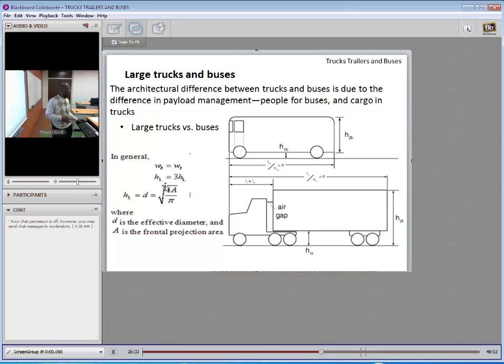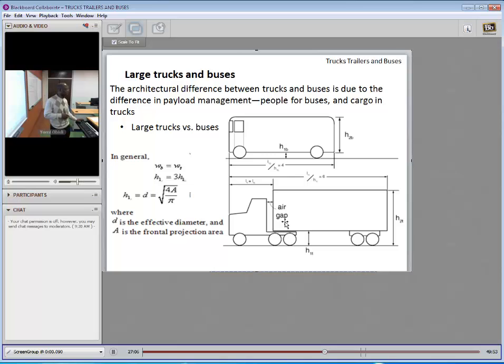But the height of the underbody of a truck, which is H1 here, is about 3 times the height of the underbody of the bus. This is the height of the underbody of the bus, H1B, and this is the height of the underbody of the truck. This is very high from the ground, unlike buses. Those are some of the things to look at in the difference between both in the design.